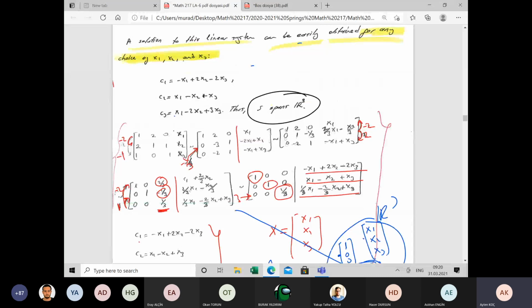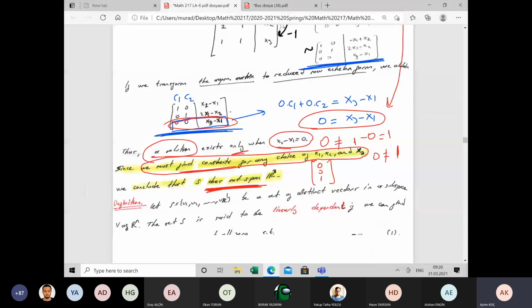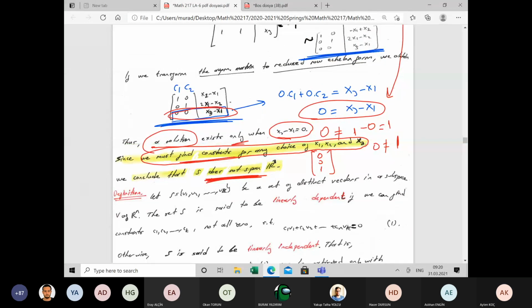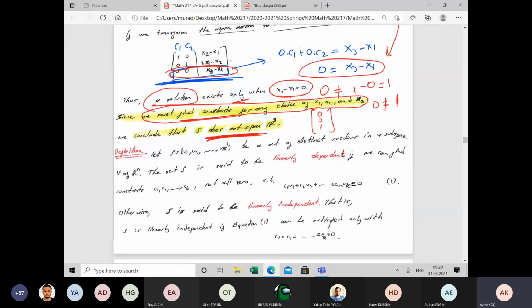So, another concept. Take any set S that contains k vectors, v1, v2, up to vk.